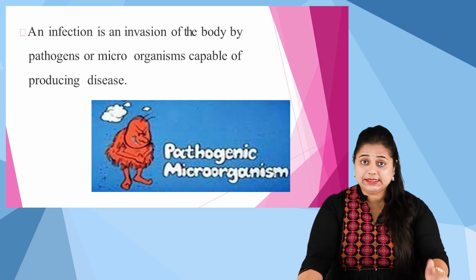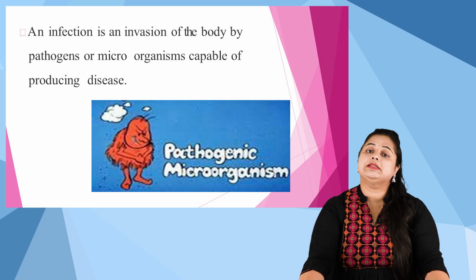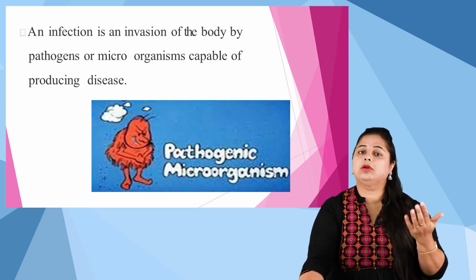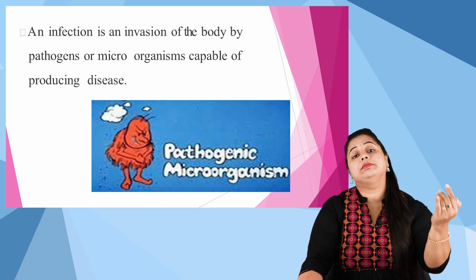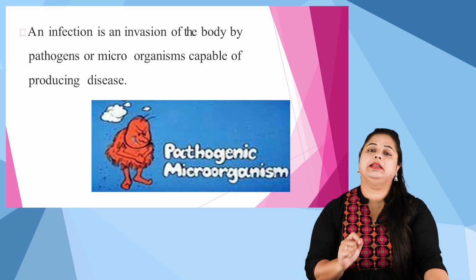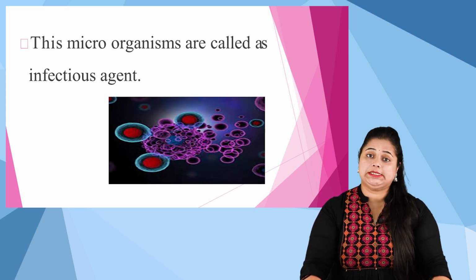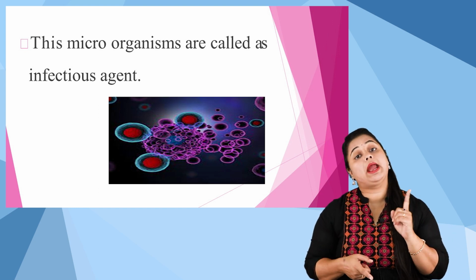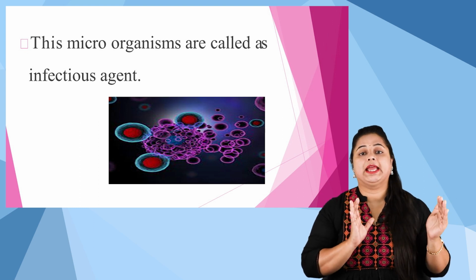So spreading diseases, multiplication, all that is possible, and that is called infection. If something comes into the body and does not cause any harm, then that is not an infection. But if something comes and causes a disease, then it is called infection. Whatever pathogens or microorganisms come into contact with the body and cause the infection are called an infectious agent.